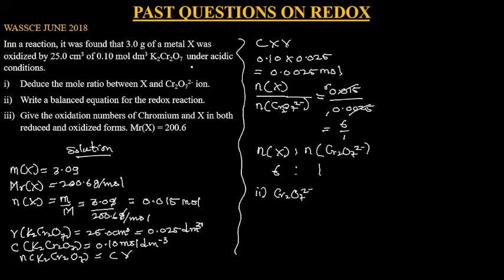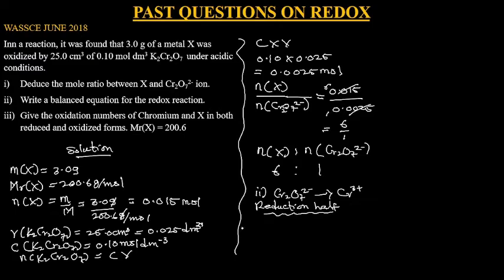So what is causing the other one to oxidize is going to be reduced itself. When we are writing redox, we are not going to include the metal. Now, chromate, the central atom there is chromium. Its reduced form is going to be chromium 3 plus. So all we have to do is to balance this, and this is going to be our reduction half.